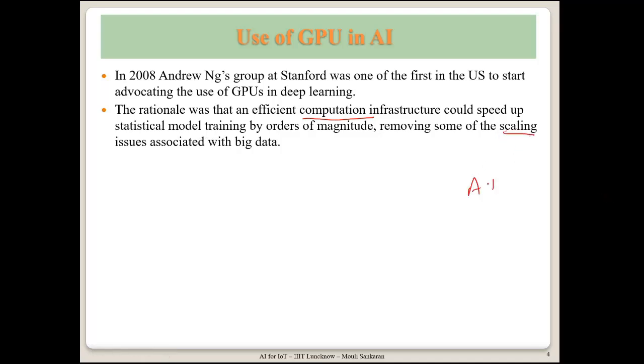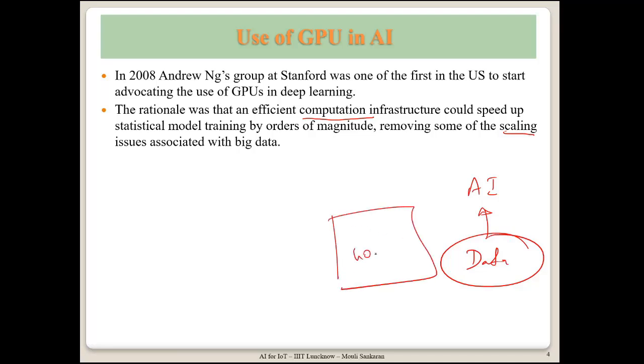In AI, the main issue is that the data we need to operate on is not limited. Whereas in graphics, if you have to process a 4K or HD image, you know the rate at which the images are going to come. Suppose the FPS, frames per second, is 30 or 60, that many frames are going to come in.